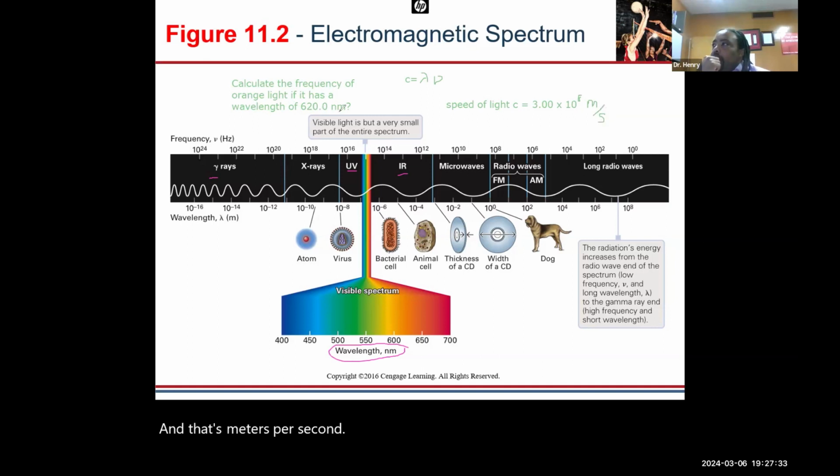Okay. And nm stands for nanometers. 1 nanometer is going to be equal to 1 times 10 to the minus 9 meters.